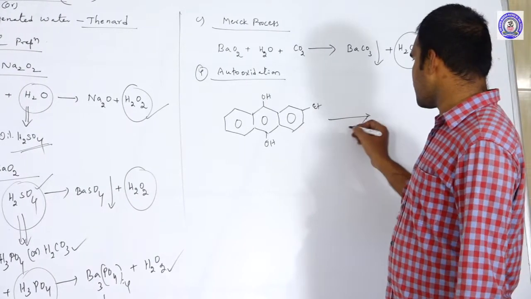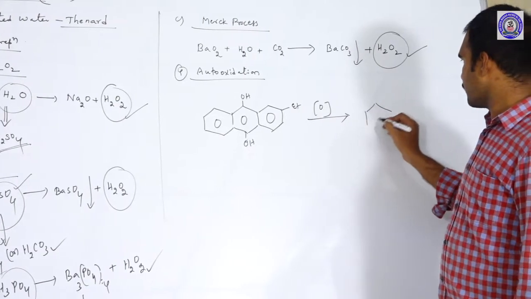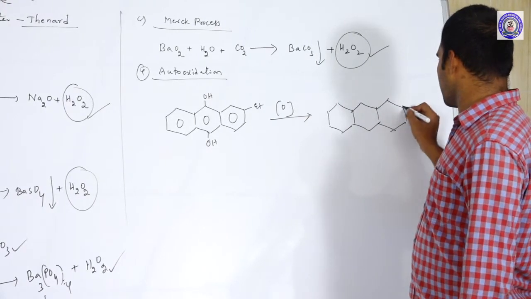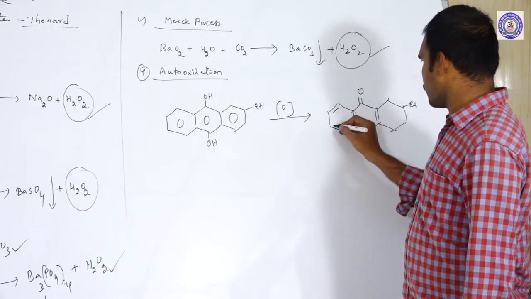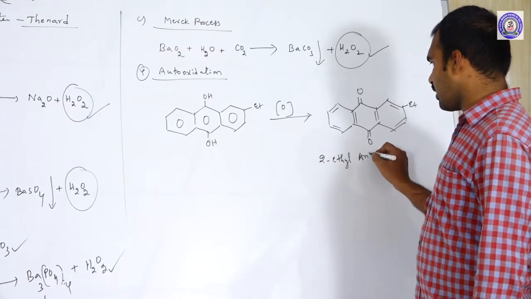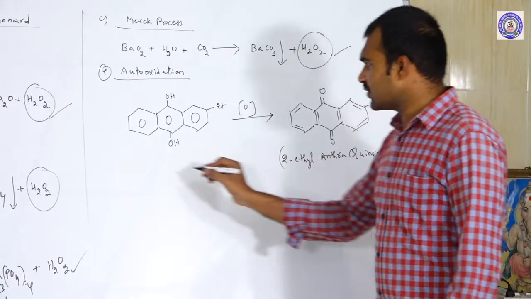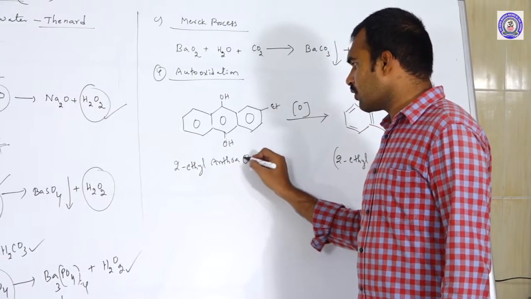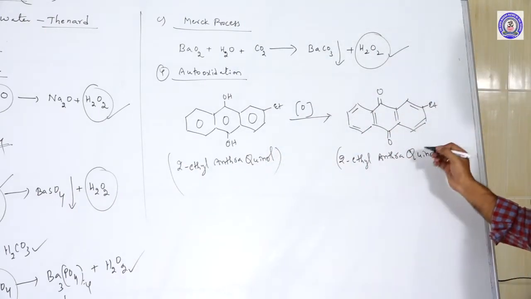This on oxidation gives 2-ethyl anthraquinone and 2-ethyl anthraquinol. This is a quinol, OL, while the quinone has ketone groups.